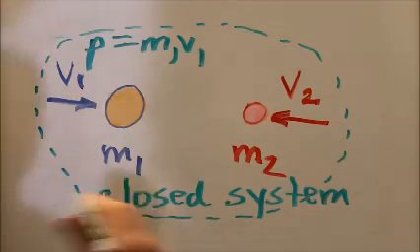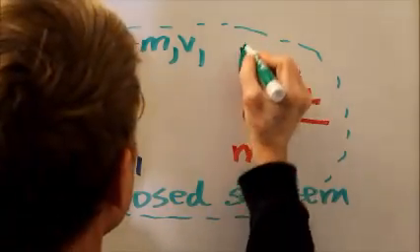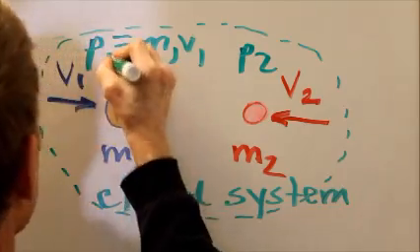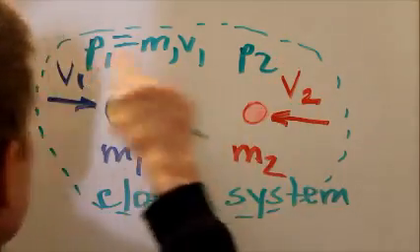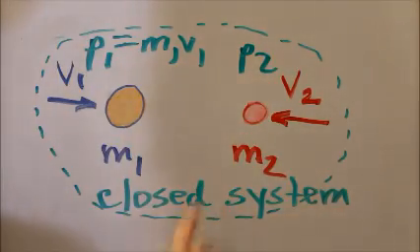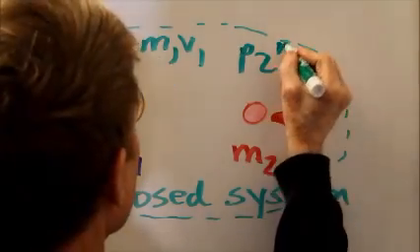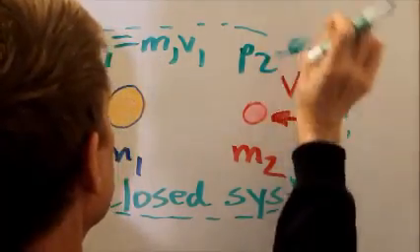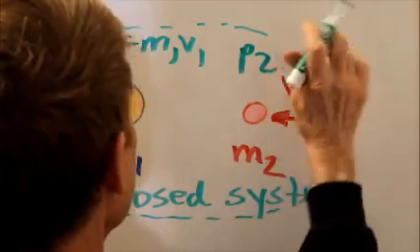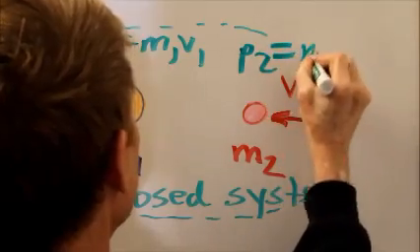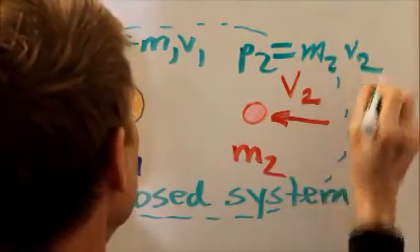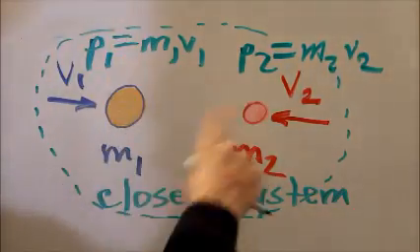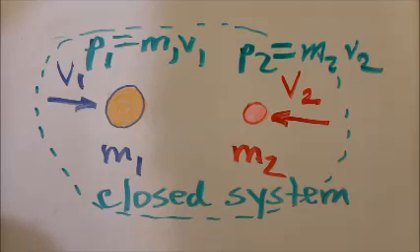That is the momentum there, the momentum here, P sub 1, P sub 2, and this is before the collision, equals m2v2. These are the conditions before the collision.